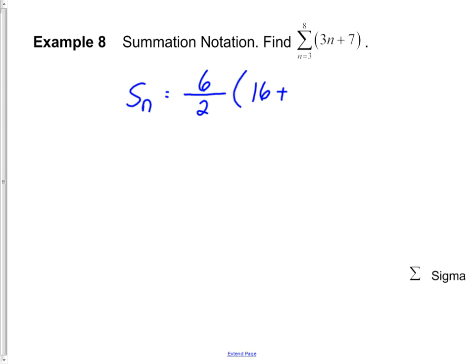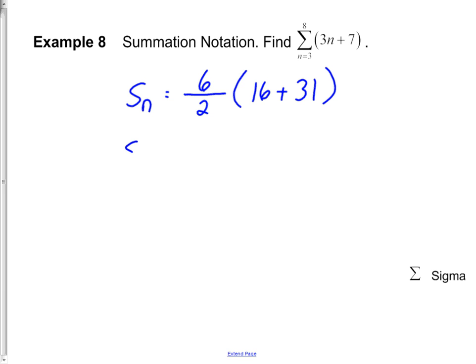And then I have to find the last term, which was when n was 8. So when n is 8, that would be 24, 31. So this series contains 6 terms. The first term is going to be when n is 3. The last term, or the sixth term, will be when n is 8.